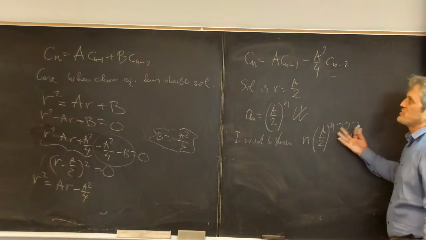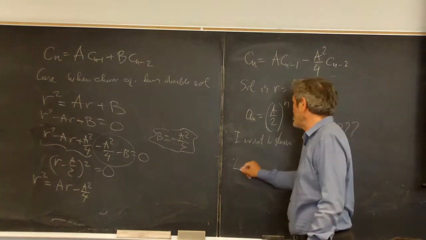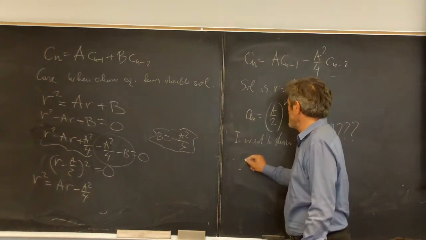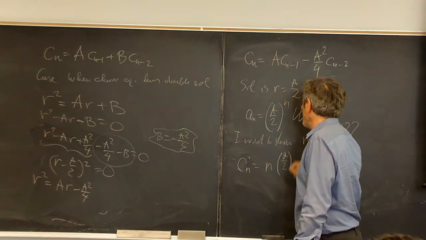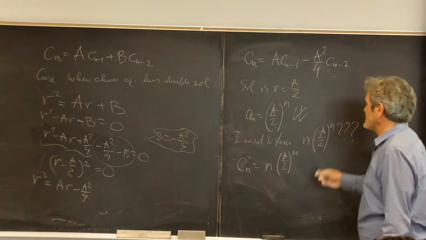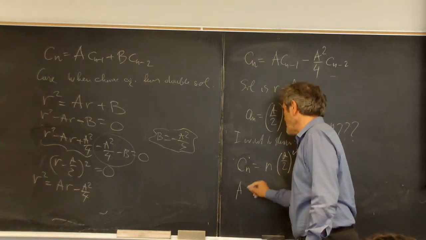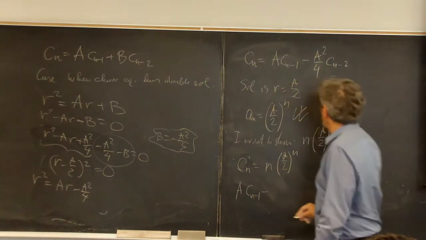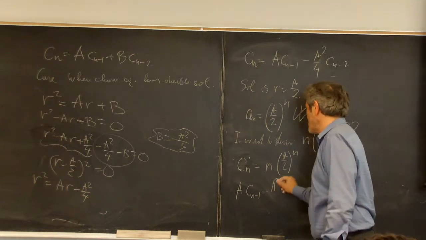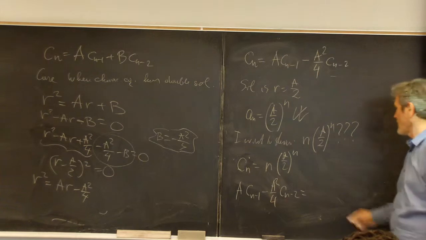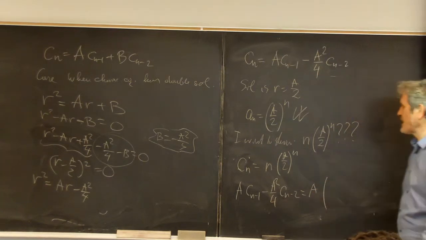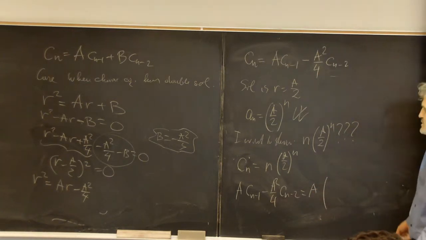So here it is. Let's check it. The left side looks like this: c_n equals n times a half to the n. What about the right side? It looks like this: A times c_(n-1) minus A squared over 4 times c_(n-2). How much is that? There will be a little algebra here.